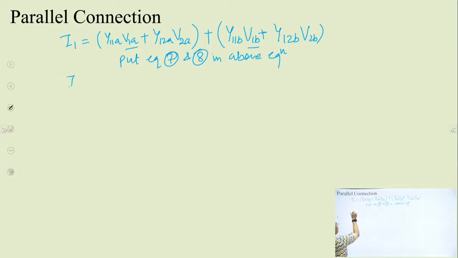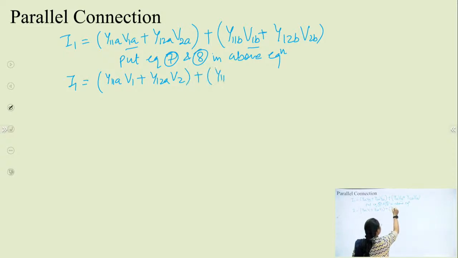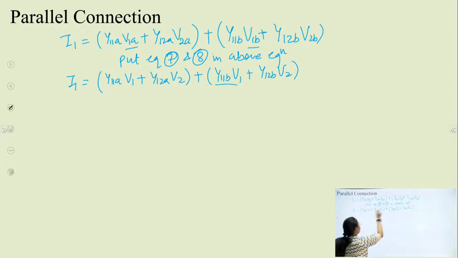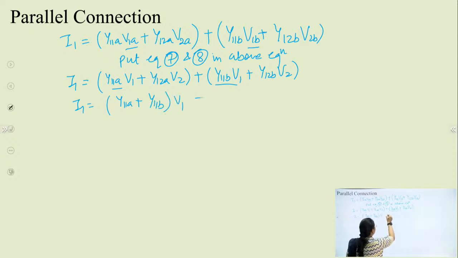So here I can directly write I1 will be equal to Y11A V1 plus Y12A V2 plus Y11B into V1 plus Y12B into V2, okay. Now if we simplify this, taking this term and this term together, I1 will be equal to Y11A plus Y11B into V1, right, and Y12A plus Y12B into V2.